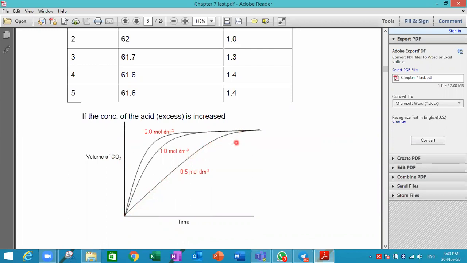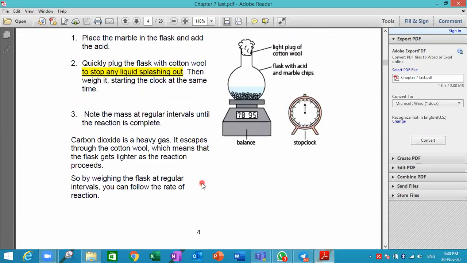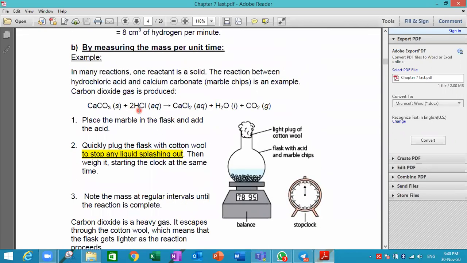Now, in this reaction, we started with the concentration of hydrochloric acid to be 0.5 moles per decimeter cube. So what will happen if we increase the concentration of hydrochloric acid, maybe from 0.5 to 1 mole per decimeter cube? What do you think will happen to the rate of the reaction?